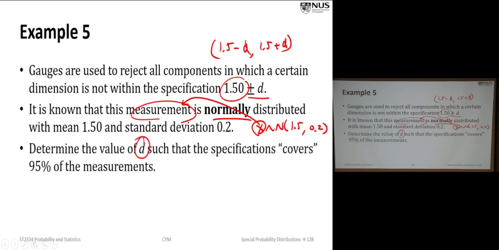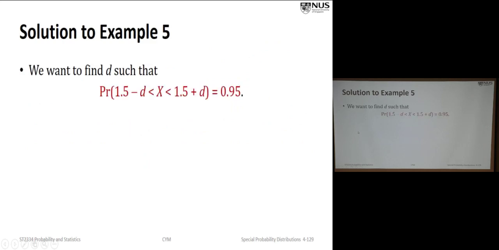Determine the D such that the specification covers 95% of the measurements. So I want to find a D such that 95% of the components will fall within this specification, and 5% do not meet the specification. Find D such that the probability of the measurements lies between this is 95%.